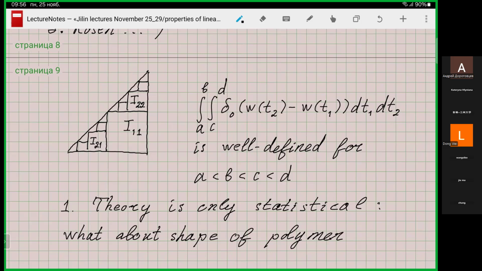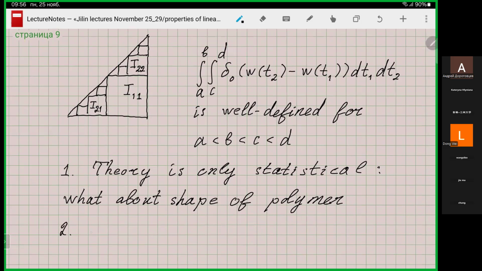And moreover, this self-intersection local time can be used as some geometrical characteristic of the Wiener trajectory. But the trajectory is non-smooth. What do I mean? Maybe people who have already studied the general theory of stochastic processes know that the Wiener process has no derivative at any point.